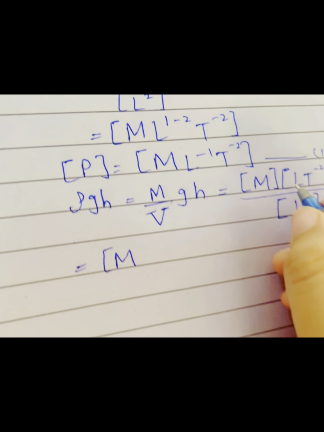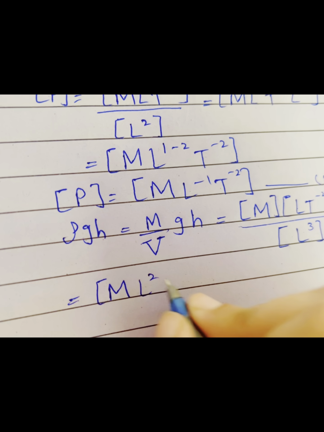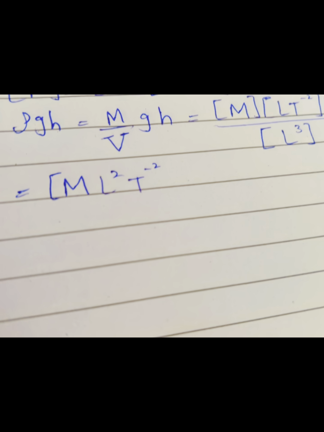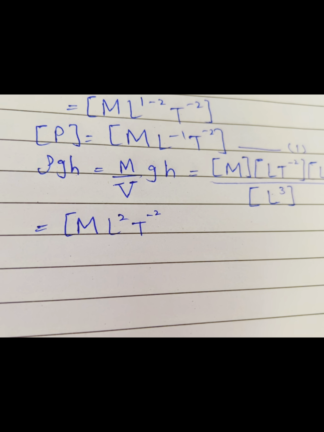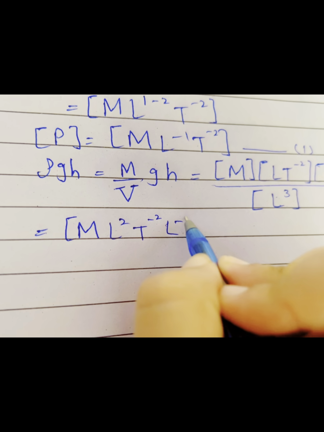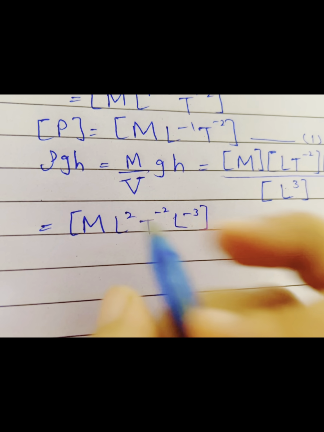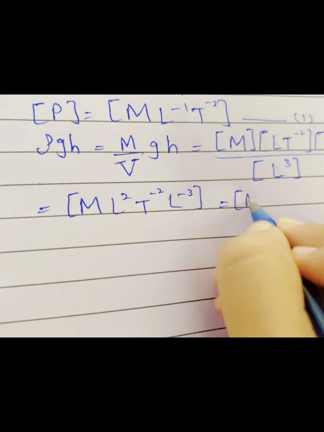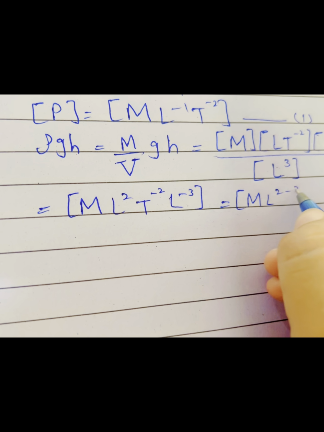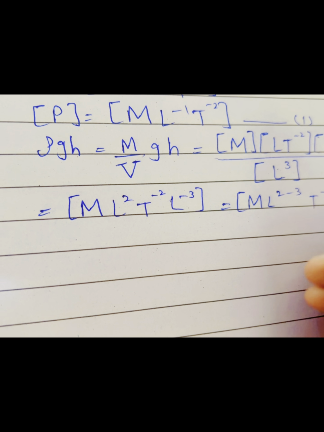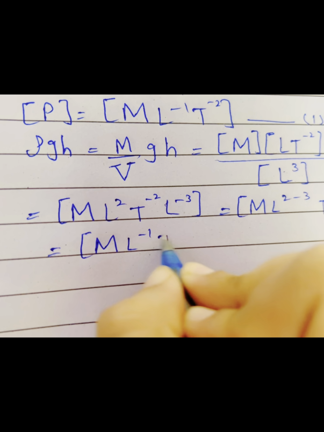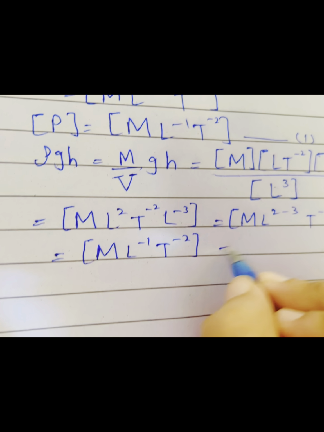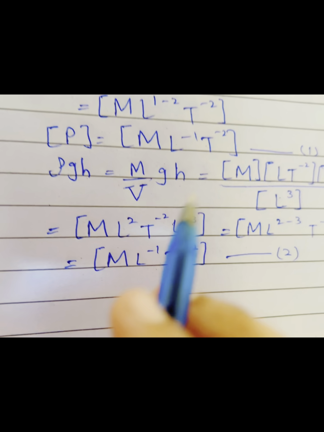M, L and L would become L square T minus 2, and this L cube from the denominator would shift to the numerator and it becomes L minus 3. ML minus 1 T minus 2 is equal to ML minus 1 T minus 2. Equation number 2.